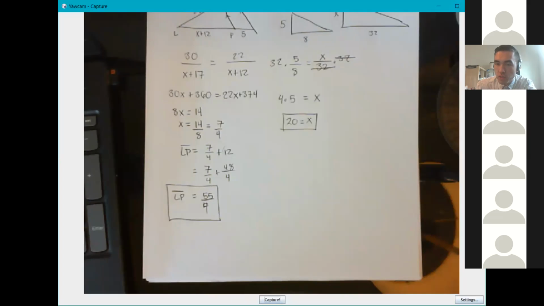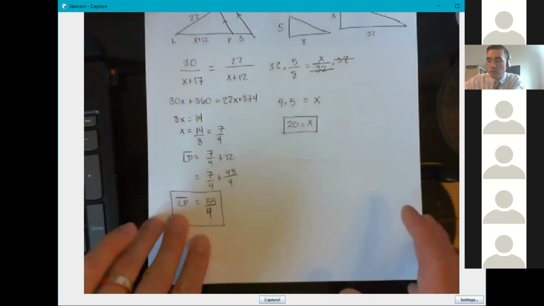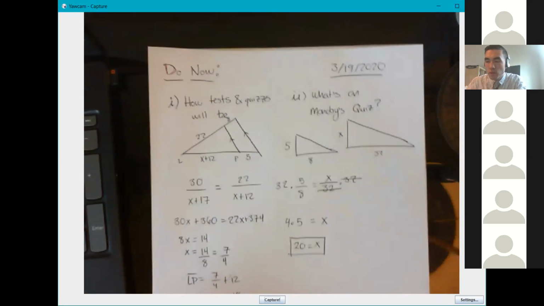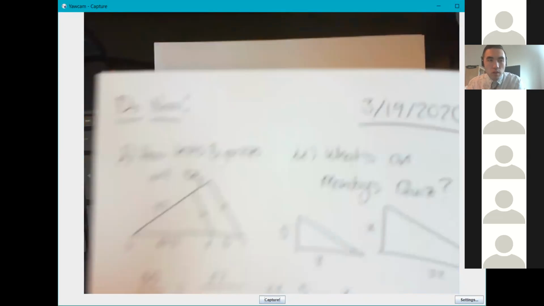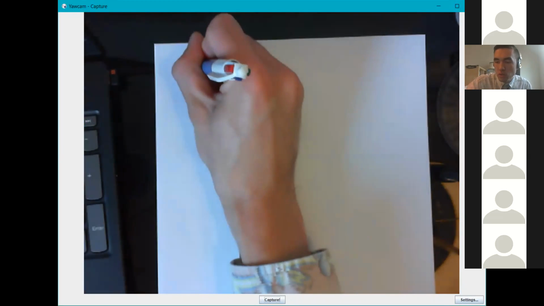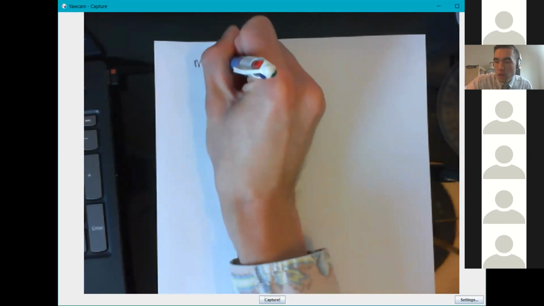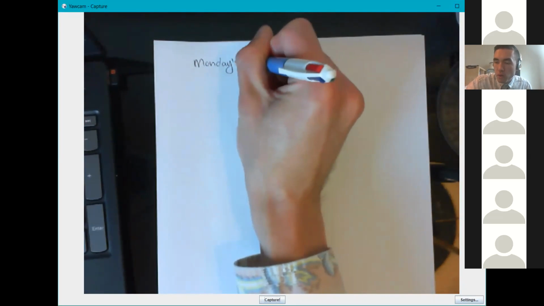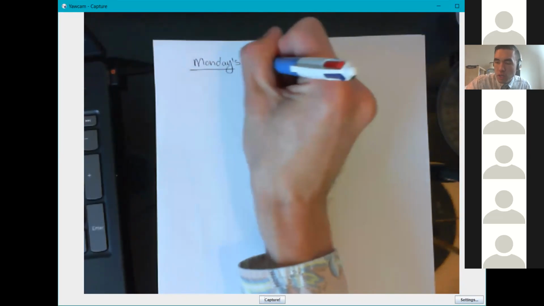Okay. Good questions all around. And so let me go ahead and list out explicitly for y'all what skills you want to have for Monday's quiz. What is on Monday's quiz? So we've covered 4 sections so far. And so here are the skills that you want to be able to do on Monday's quiz. Section 1 was just about ratios and proportions in general.